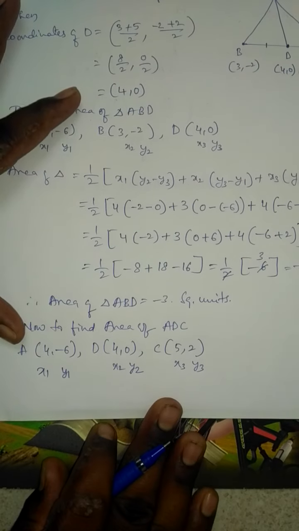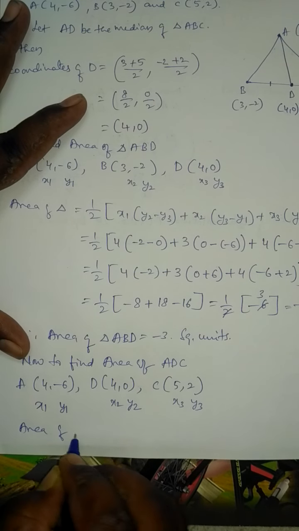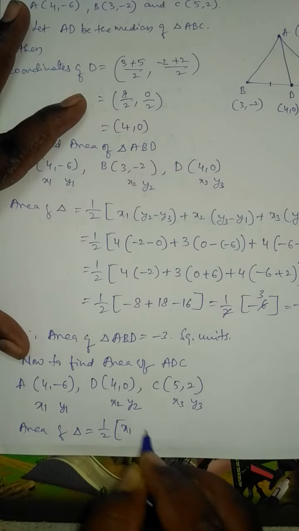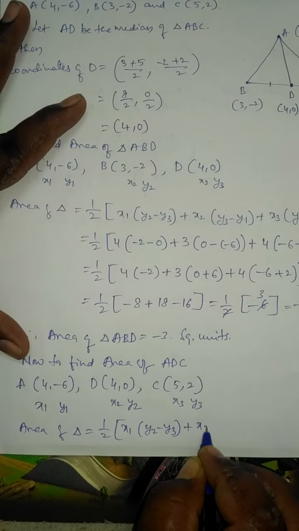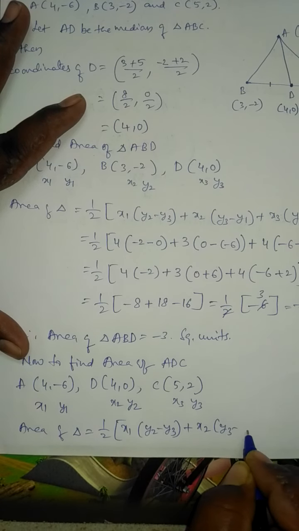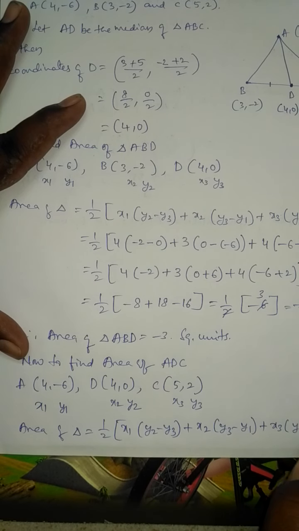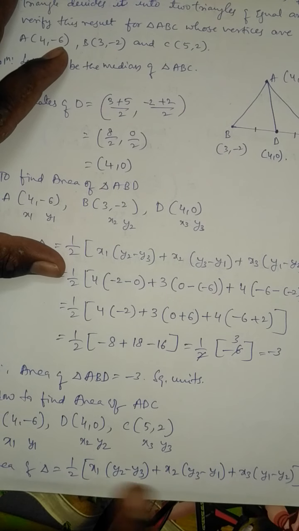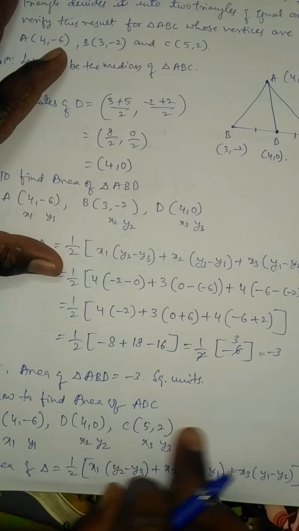So according to the area of triangle formula, what it says: area of triangle is equal to half into x1 into y2 minus y3 plus x2 into y3 minus y1 plus x3 into y1 minus y2. This is our formula. In this formula, we have to substitute x1 y1, x2 y2 and x3 y3 as these coordinates, and simplify.